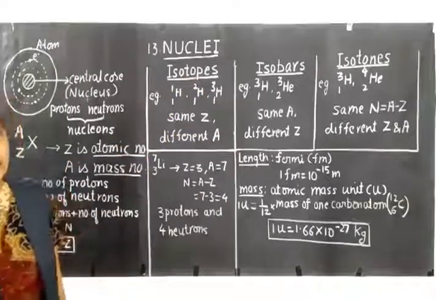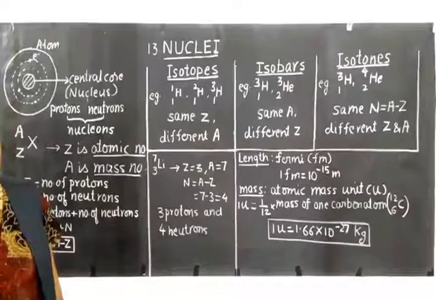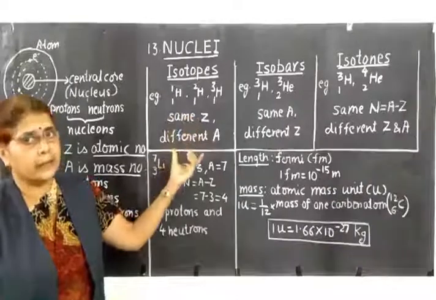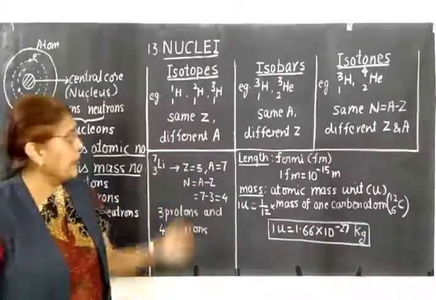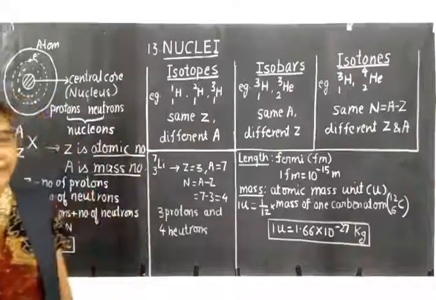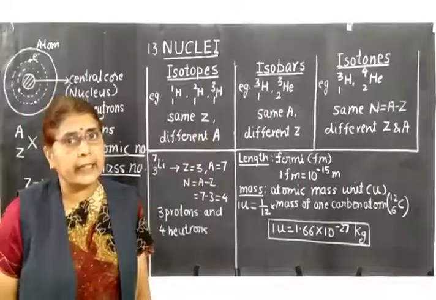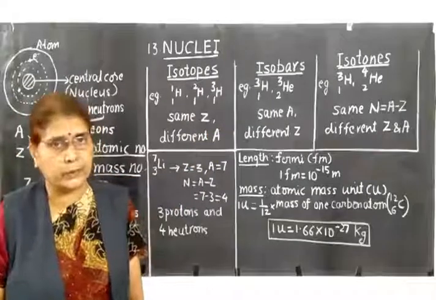So what is the definition of isotopes? These are the nuclei with the same atomic number but different mass numbers. What is the meaning of same Z? Z gives you the number of protons. So all these nuclei contain the same number of protons.